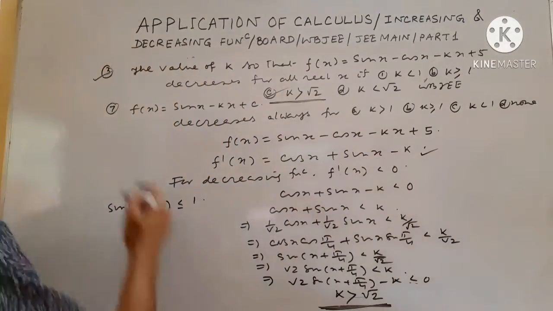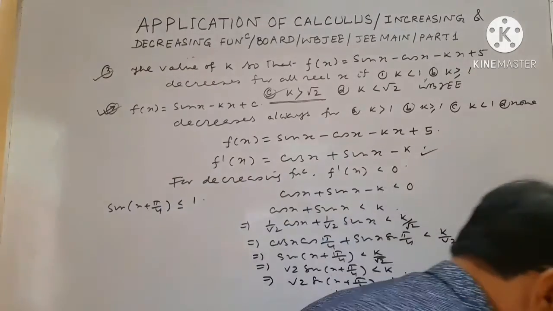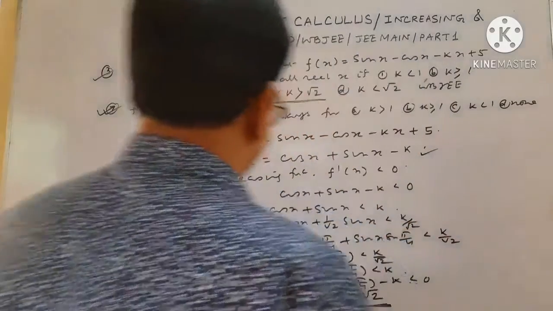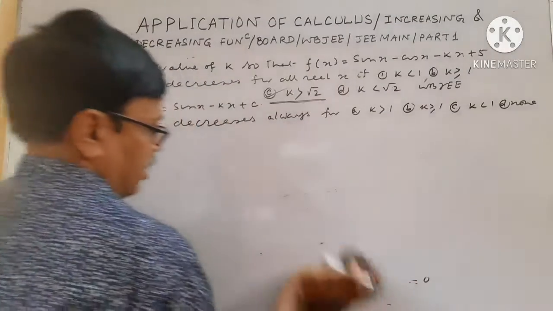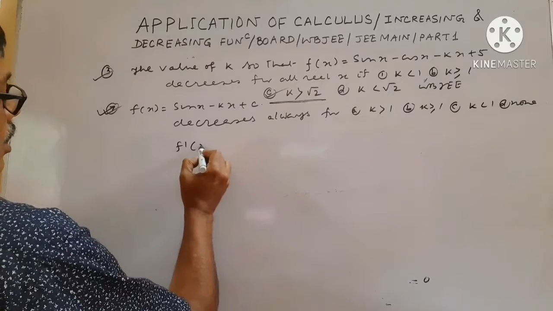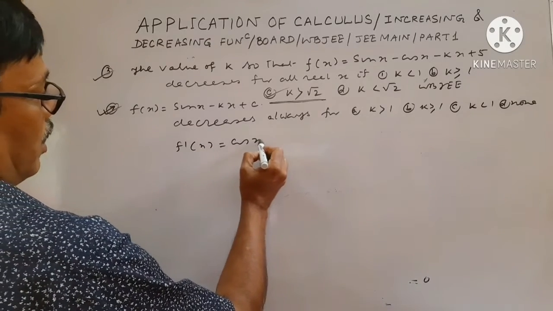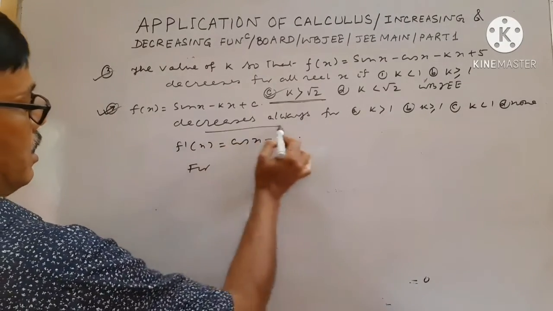Now problem number 7. This is exactly the same problem and it is simple also. So f dash x equals cos x minus k for a decreasing function.